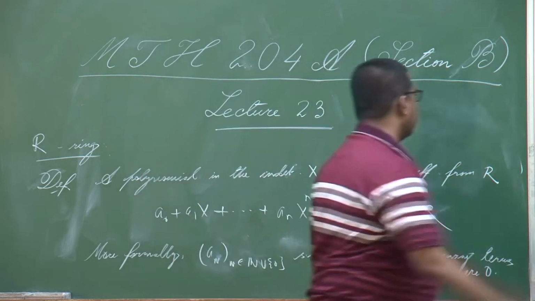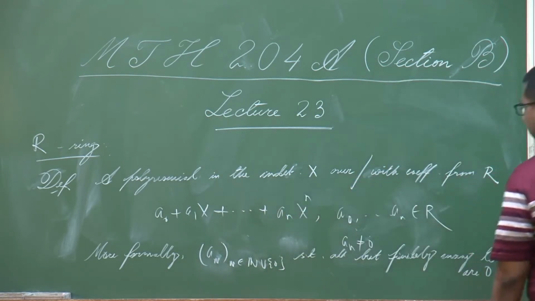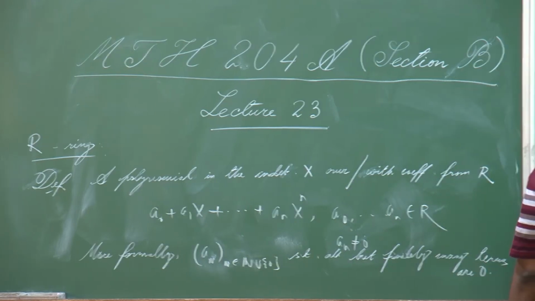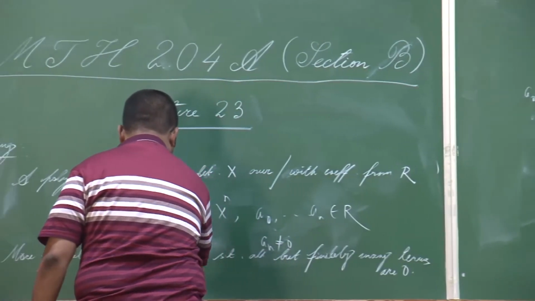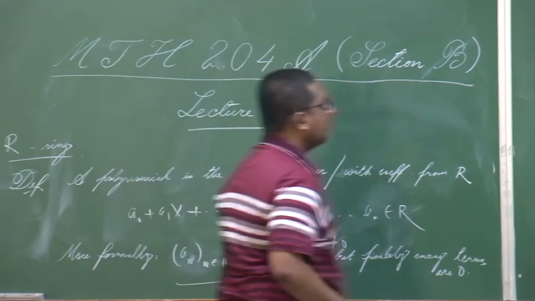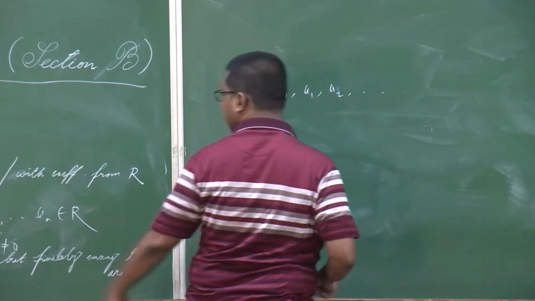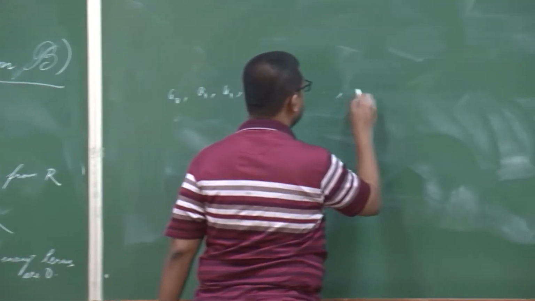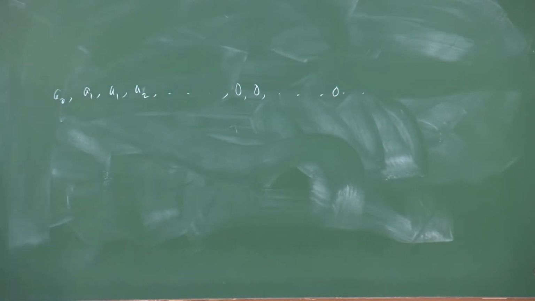So, let me again explain. At least I should tell you the connection between them. This is the formal definition, that it is a sequence, a sequence in R. So, it is a sequence of elements from this ring such that beyond a certain stage all the terms will be 0, right.